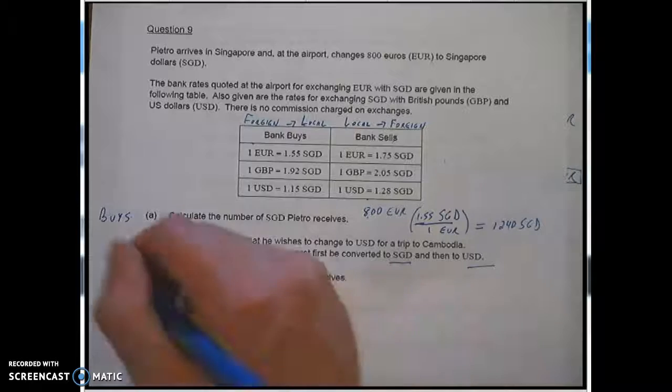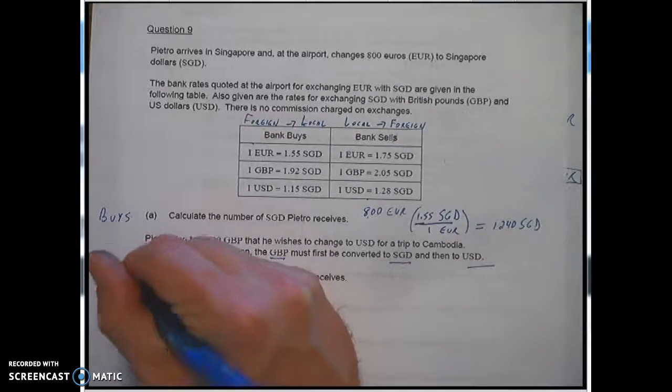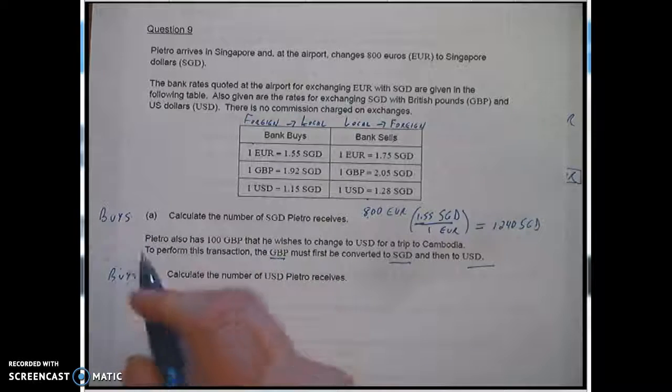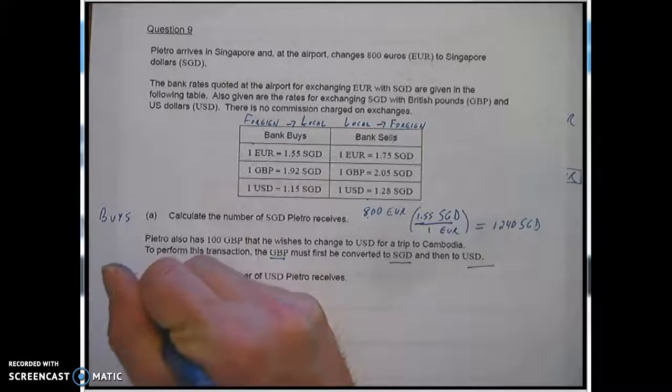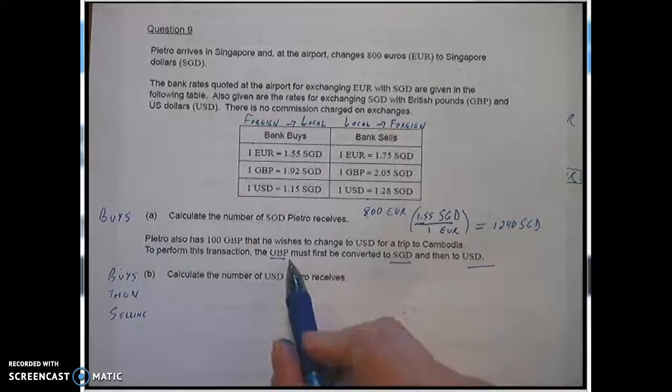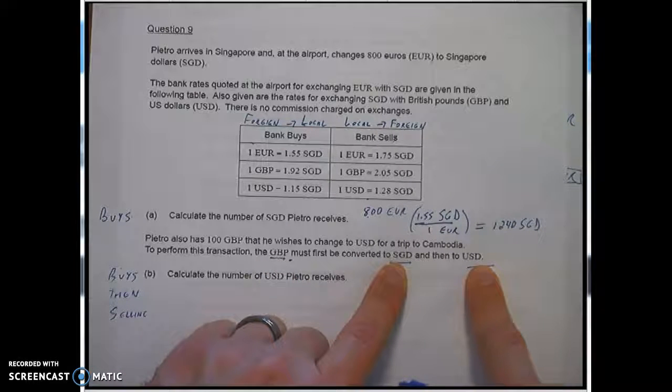Foreign to local, we're first going to use the buying rate, and then in the second step, we're going to use the selling rate. Because we go from pounds, foreign to local, that's buying; local to foreign, that's selling.